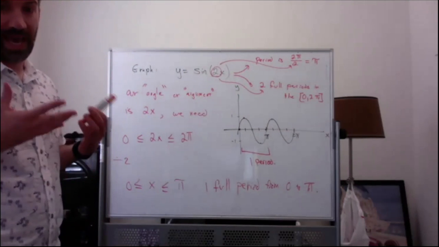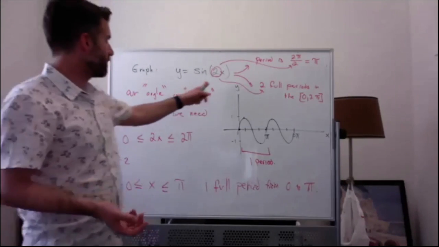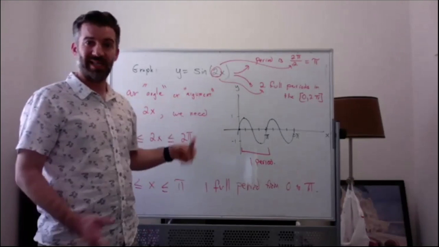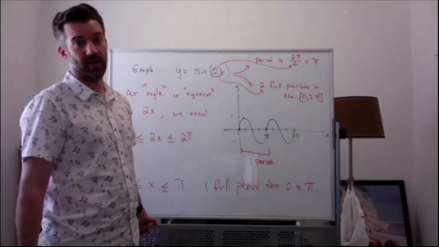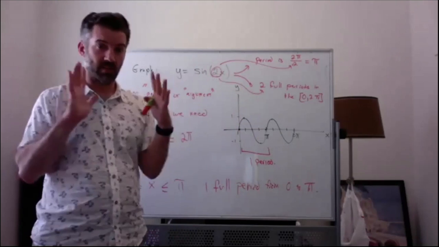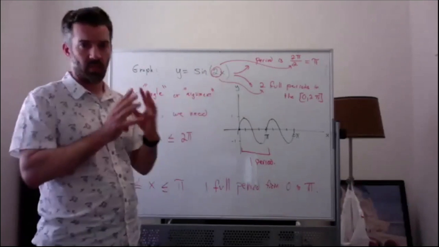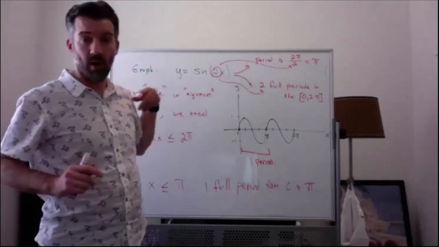So that's what's happening here: this coefficient of x changes the length of our period, making it smaller if this number is large, or bigger if this number is small.